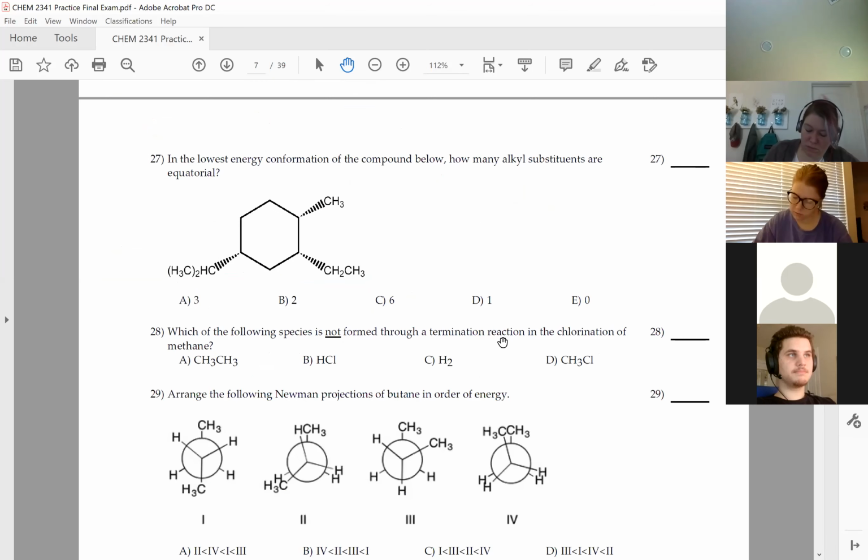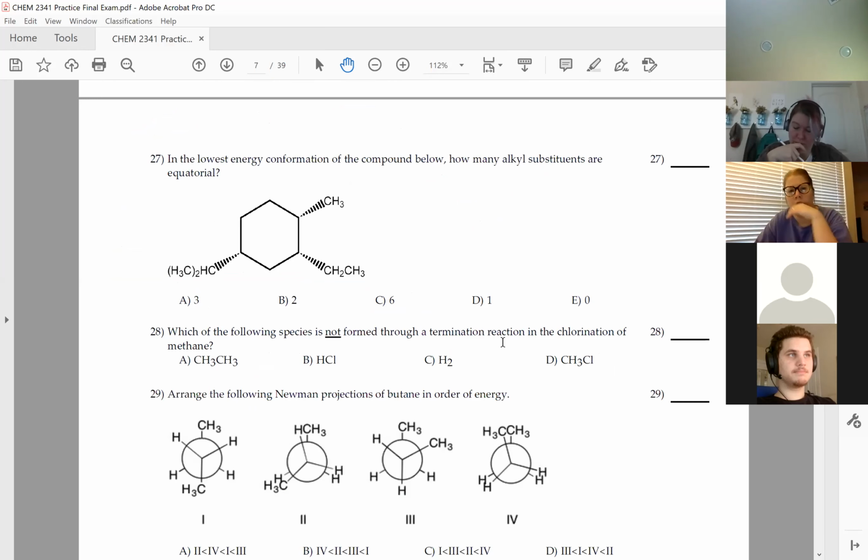Okay, number 27. I love this type of question. Always put this on exams. In the lowest energy conformation of the compound below, how many alkyl substituents are equatorial? So what do we have to do to answer this question?